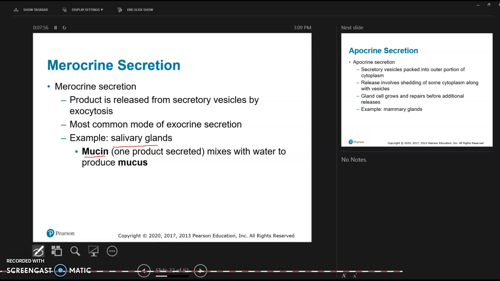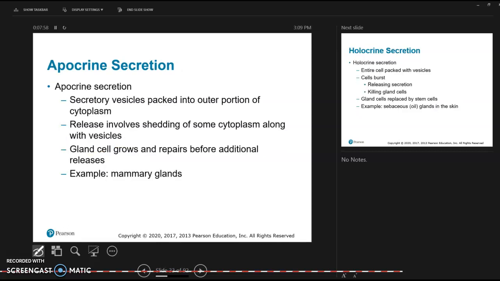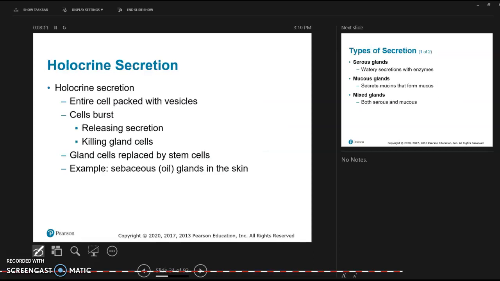That's a merocrine secretion. But the sweat that does have a smell, and it's a thicker sweat, is an apocrine secretion. Another example of an apocrine secretion is the secretions from mammary glands. And then we have sebaceous glands or oil glands in our skin, and those are holocrine secretions.